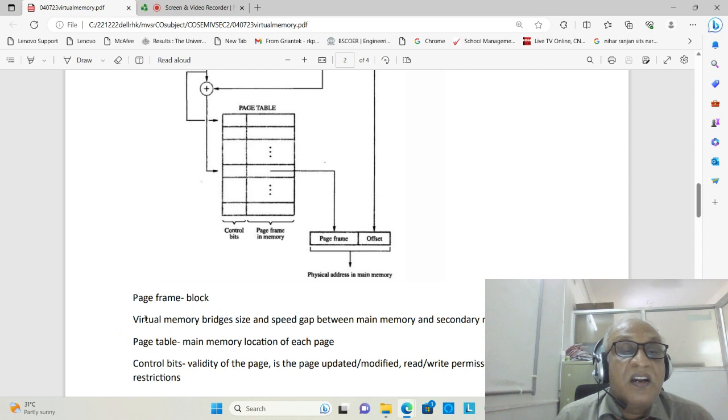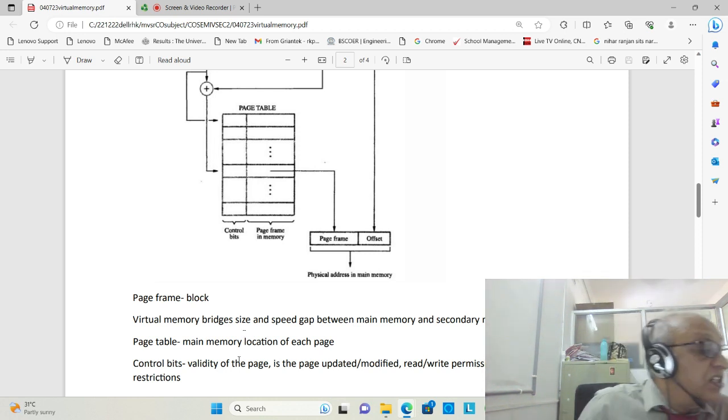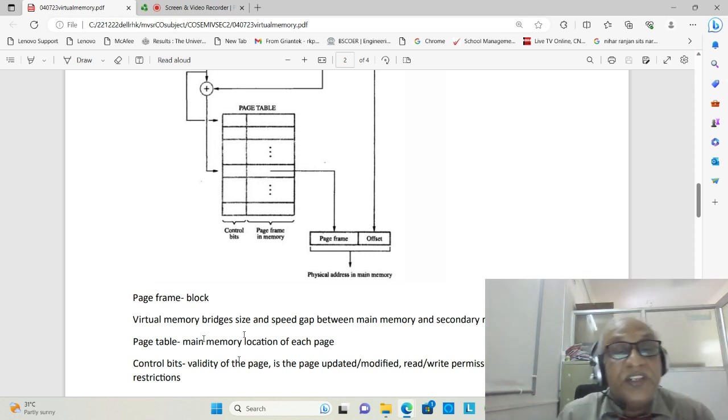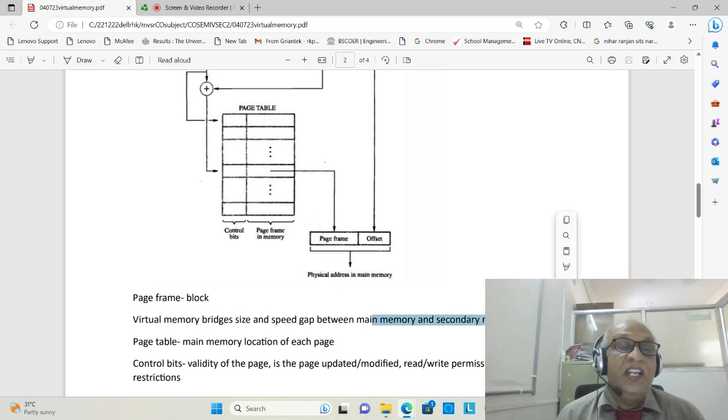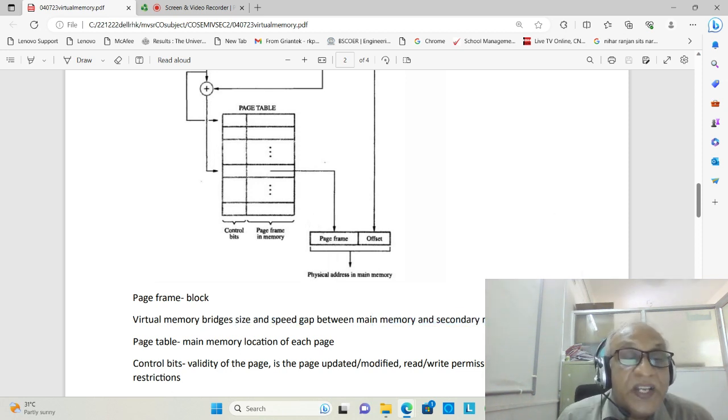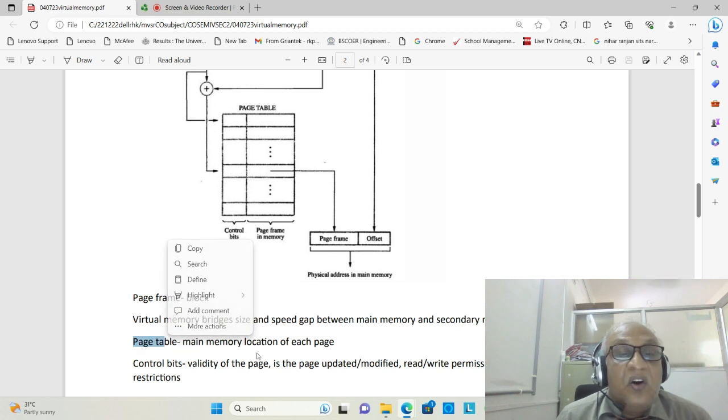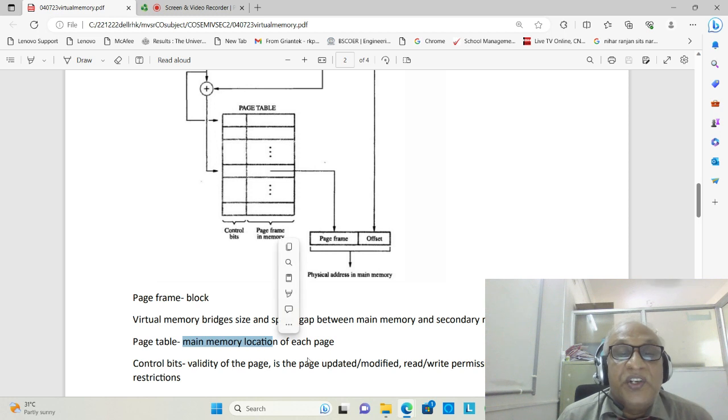As I said earlier, the purpose of virtual memory is not just translation from virtual address to physical address. The purpose also is bridging the size and speed gap between main memory and secondary memory. The page table data structure consists of the location of every page in the main memory.